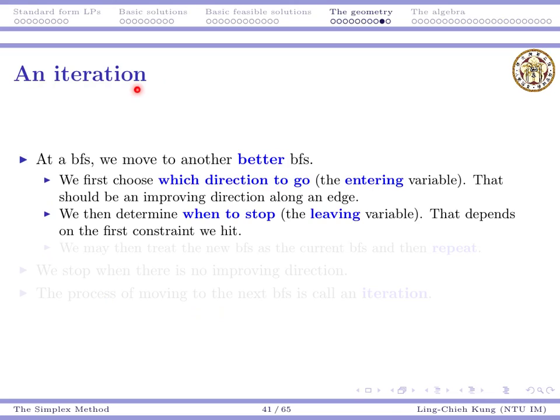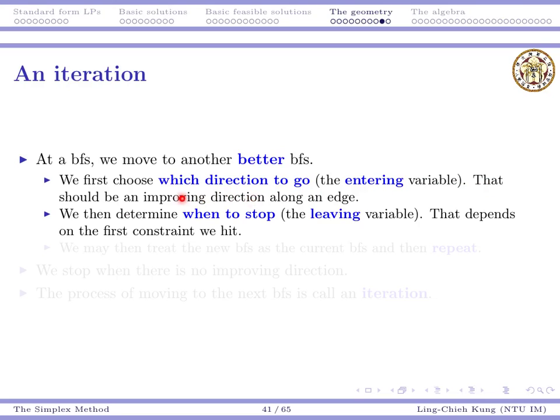So now we get ideas about entering and leaving variables. At each basic feasible solution, we want to move to another solution that is, in some sense, better. How to get that, we will talk about in detail later. But ideally, at a solution, I want to move to a better one. The first thing is to choose which direction to go, or the entering variable, and that should be an improving direction.